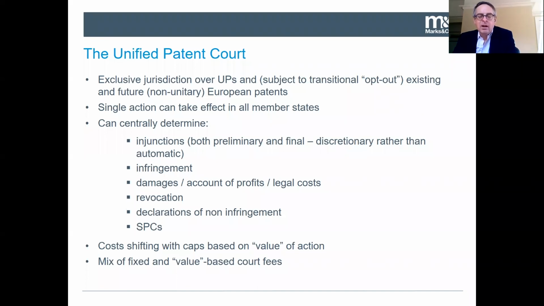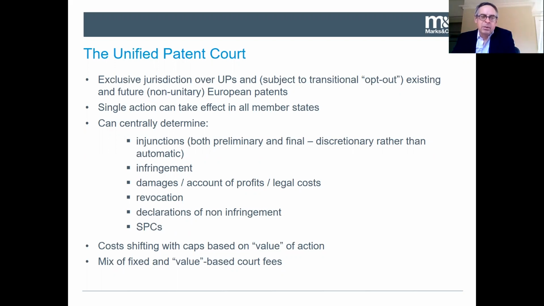And ultimately, after the transitional period comes to an end, so far as those participating countries are concerned, all European patents, whether unitary or validated on a national basis in those countries, will be litigated in the UPC. The result of that is that a single action in the UPC can take effect across multiple jurisdictions.